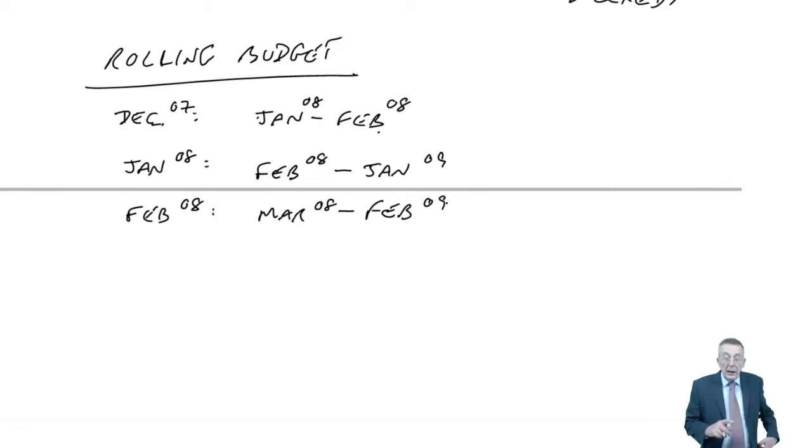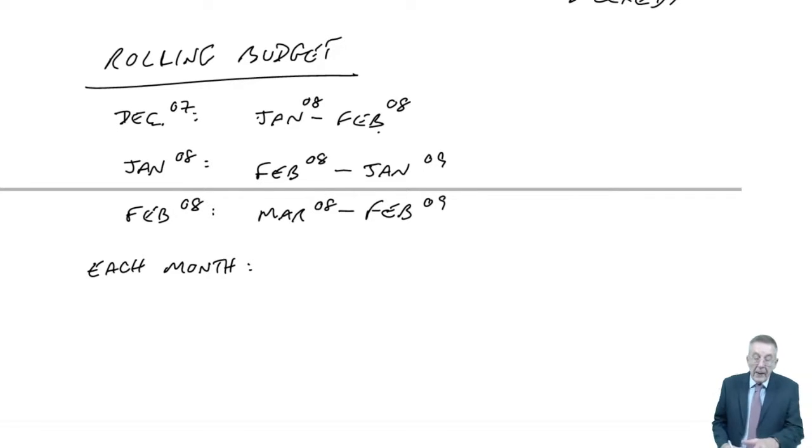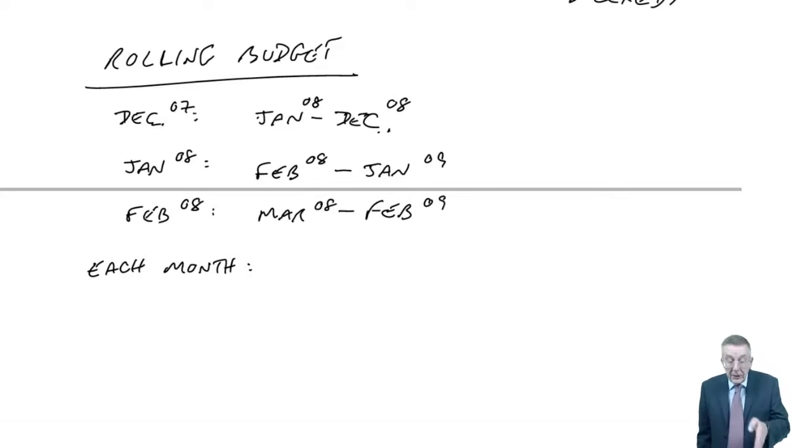Now that sounds awful, although I do appreciate what you're doing each month. Sorry, I do apologise. December 07, we do the following 12 months, January to December 08.